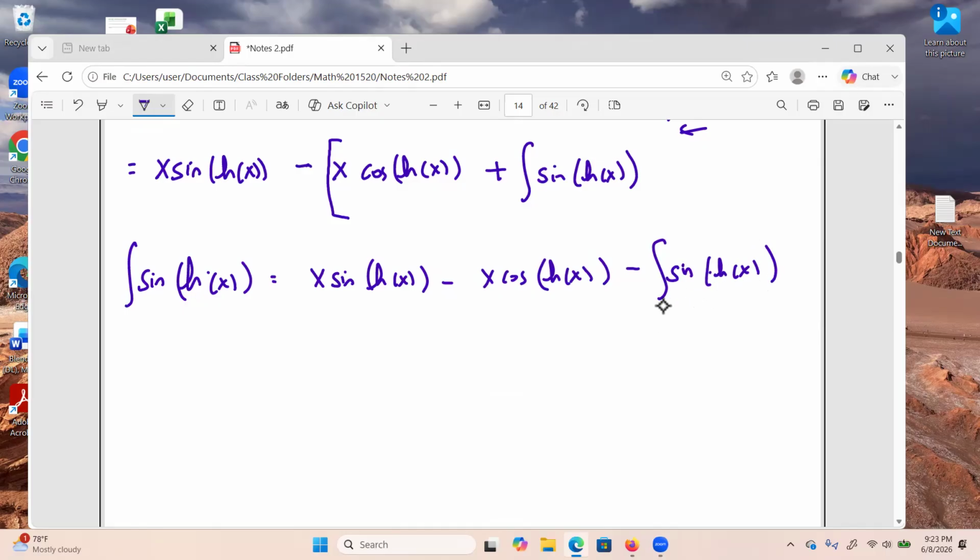At this point, I'm going to say, wait a minute, I think I'm having a deja vu moment here. Those things look kind of familiar to me. Why don't we add the integral of sine of the natural log of x to both sides.